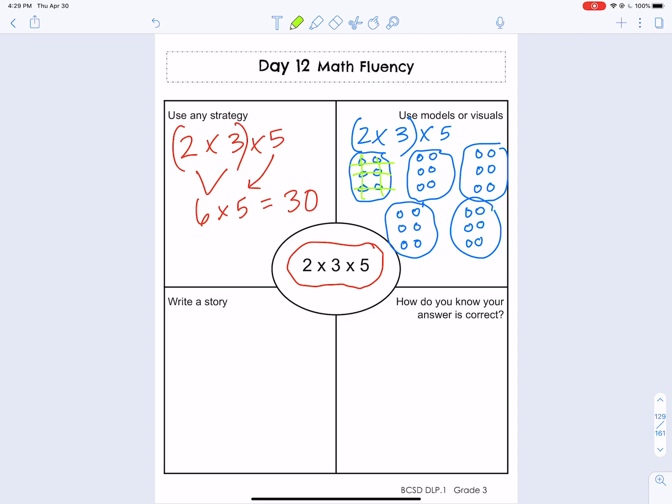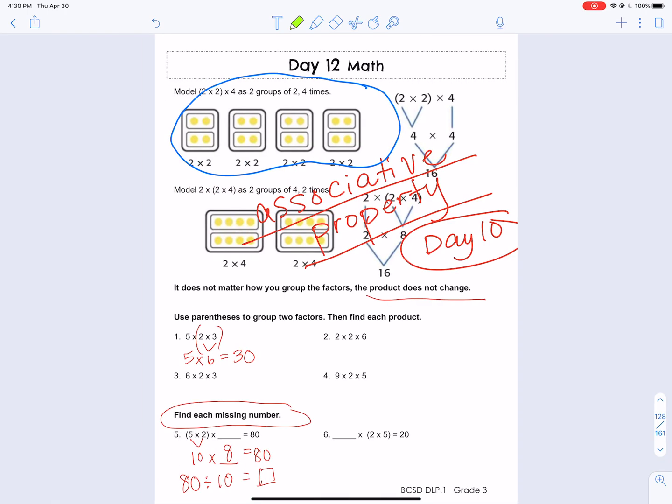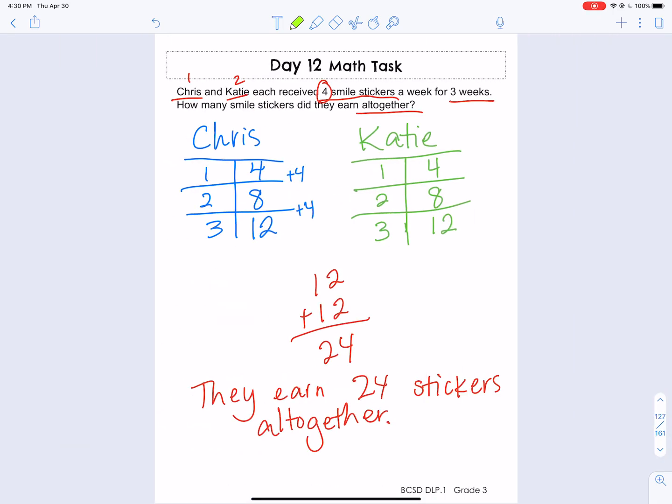Okay, for a story, what I could do is I need to make a story that has more than 2 things going on. What I'm talking about is something kind of like the math that we did in day 12 math task.